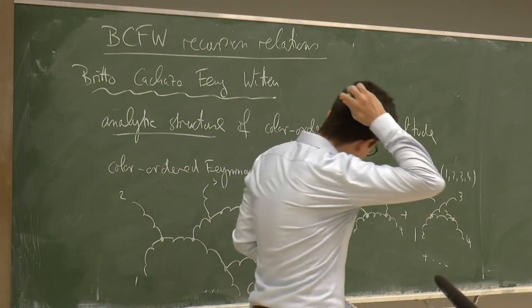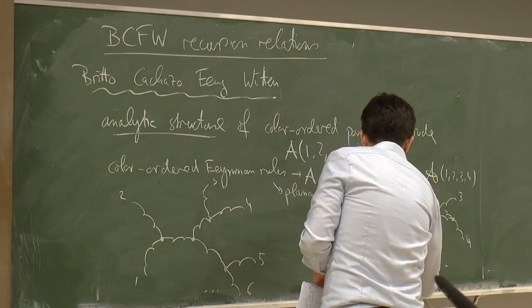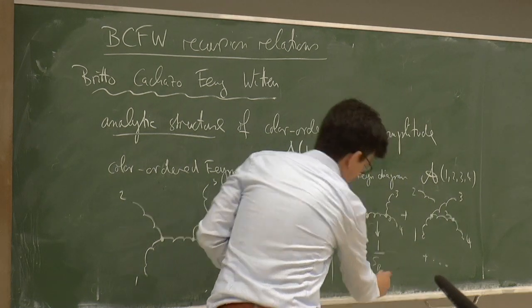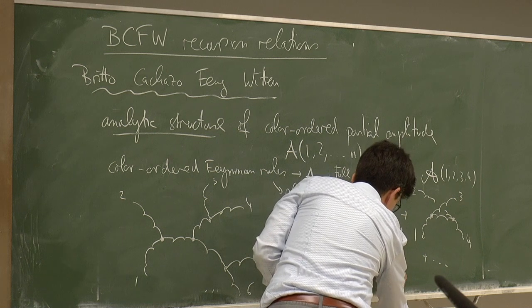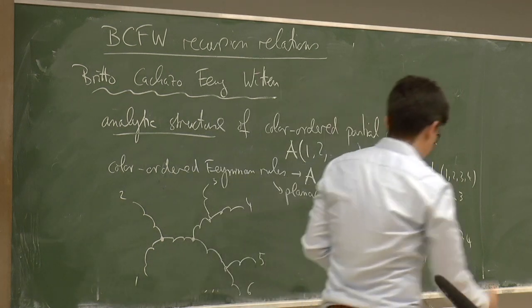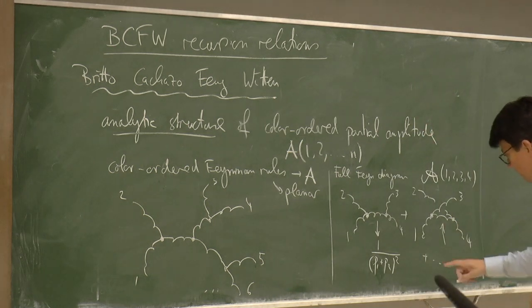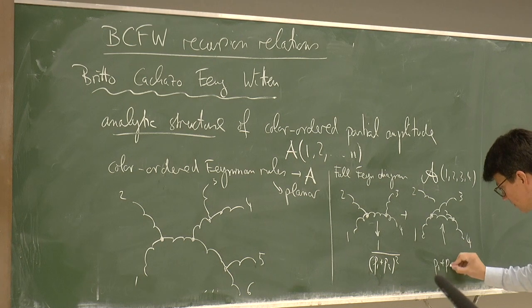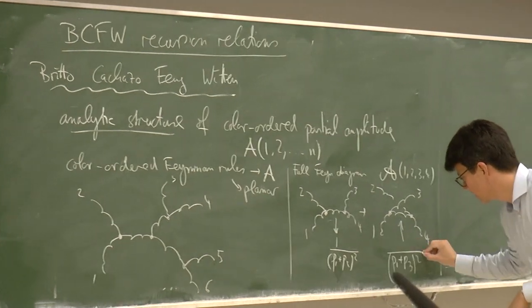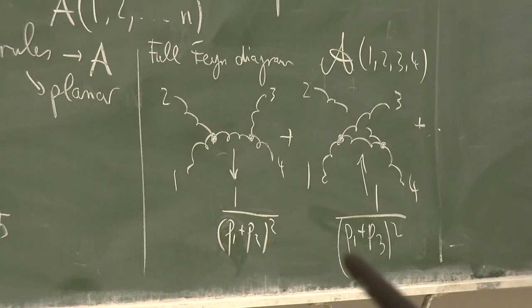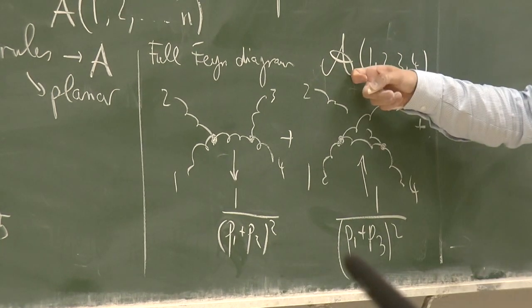So here the point is that, from the point of view of singularities, this will have a singularity at (P1 + P2)^2 = 0. On the other hand, in this diagram here, I joined 1 and 3, so there could be a singularity at this location, and so on. Now, this is for A twiddle.